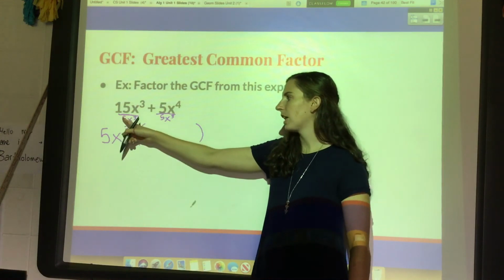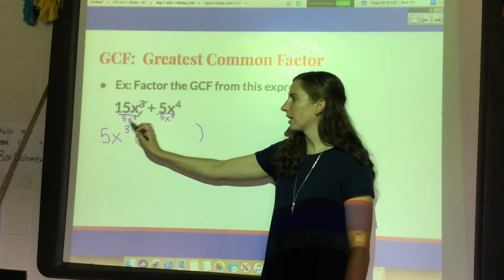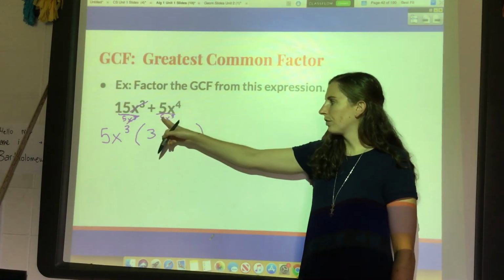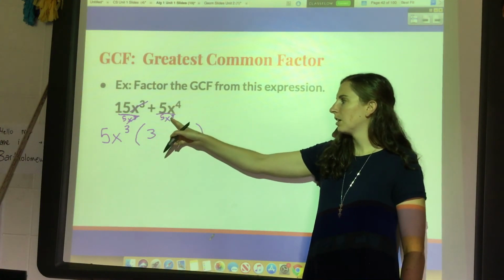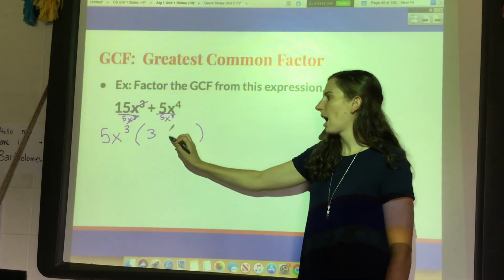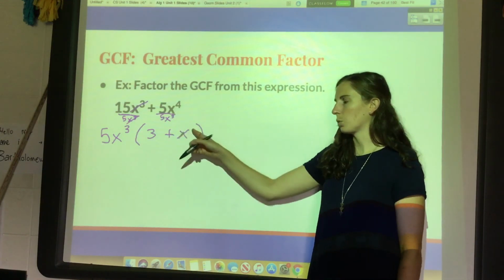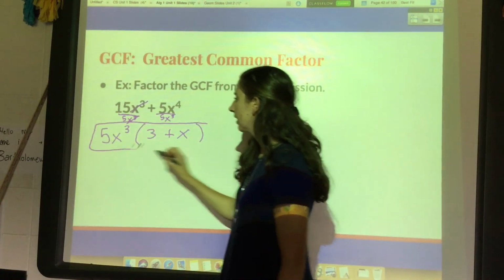So 15 divided by 5 is 3. x cubed over x cubed is just canceled. 5 over 5 is just a 1, and if I had 4 x's, take out 3 of them, I'm left with just 1x, because 4 minus 3 is 1. So that's my final answer.